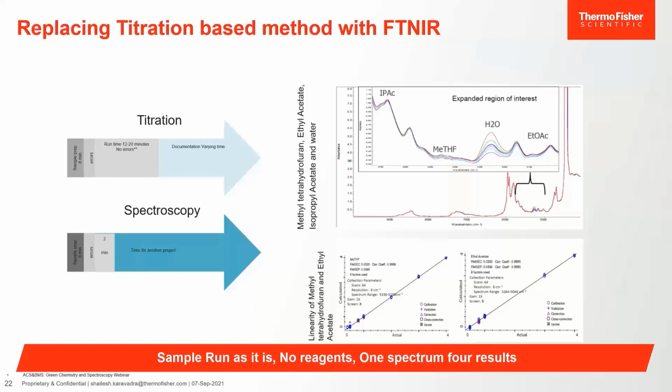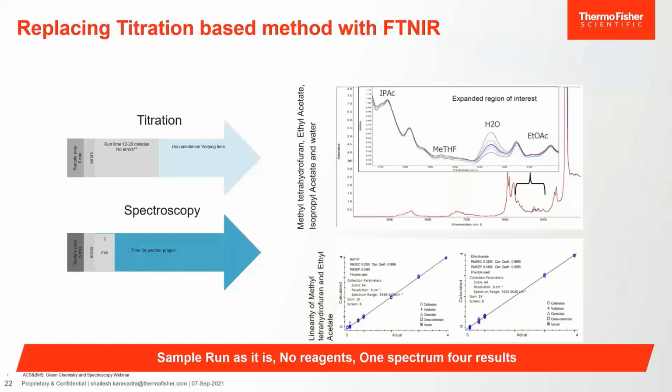It's very easy to use. Liquid samples are placed in a disposable glass vial for measurements. There are no reagents needed, and the assay can be performed in less than a minute. The advantages of using FT-NIR to replace titrations are speed, repeatability, ease of operation, and maintenance.